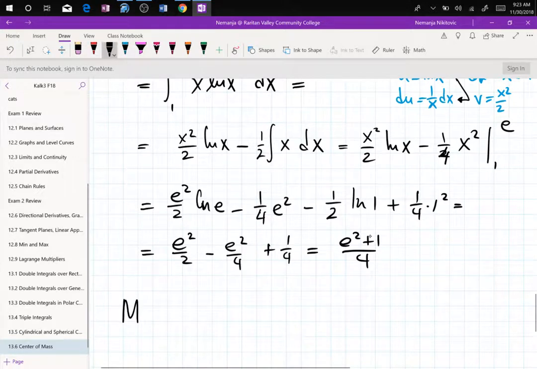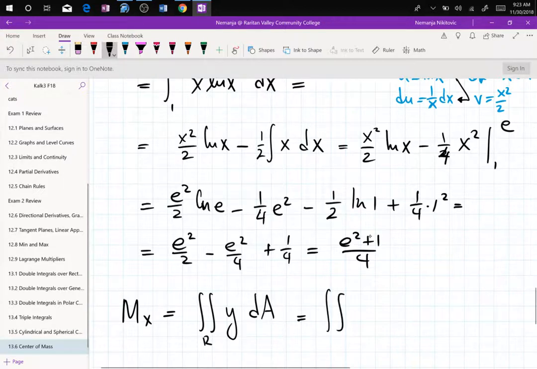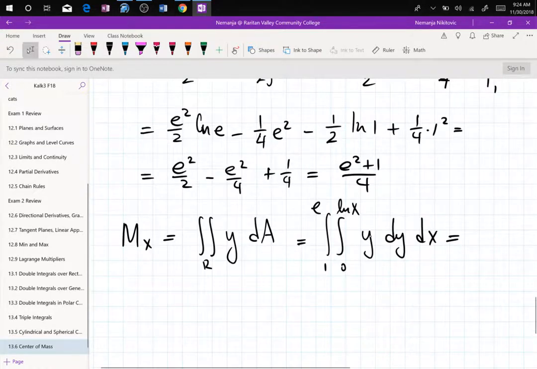Calculate mx, which is going to be a double integral again. Now this time we have y dA, which is 1 to e, 0 to ln x, y times 1 is y, dy dx, equals the integral from 1 to e.